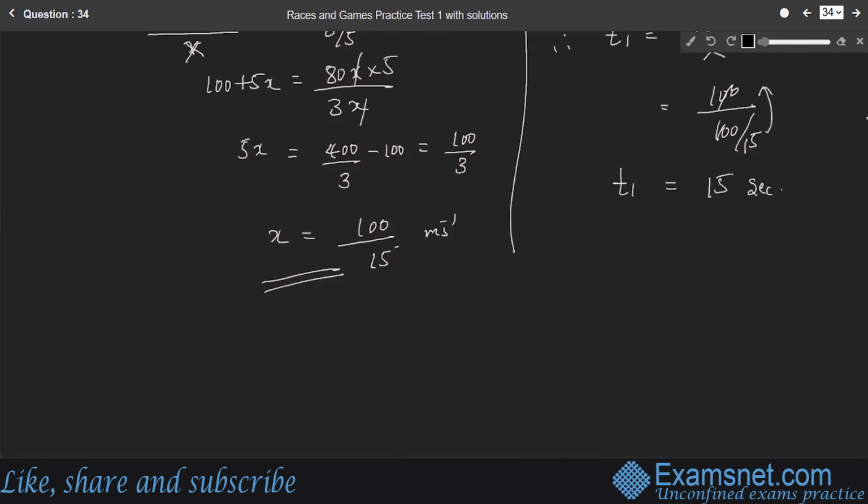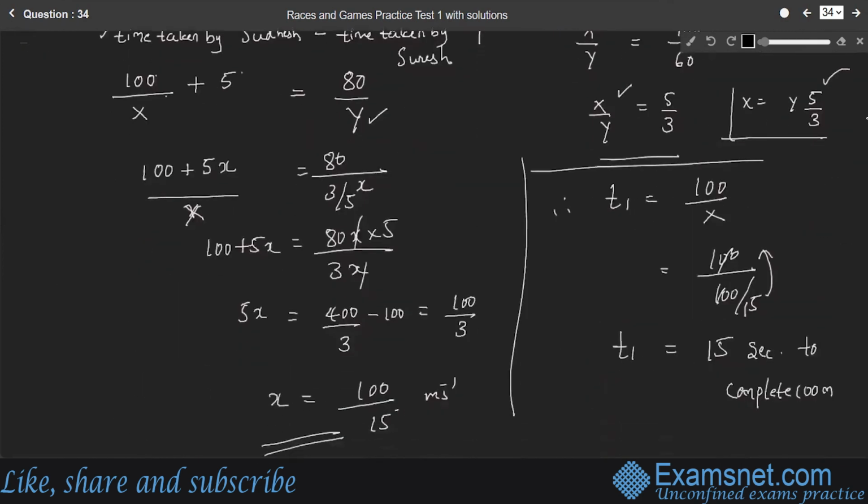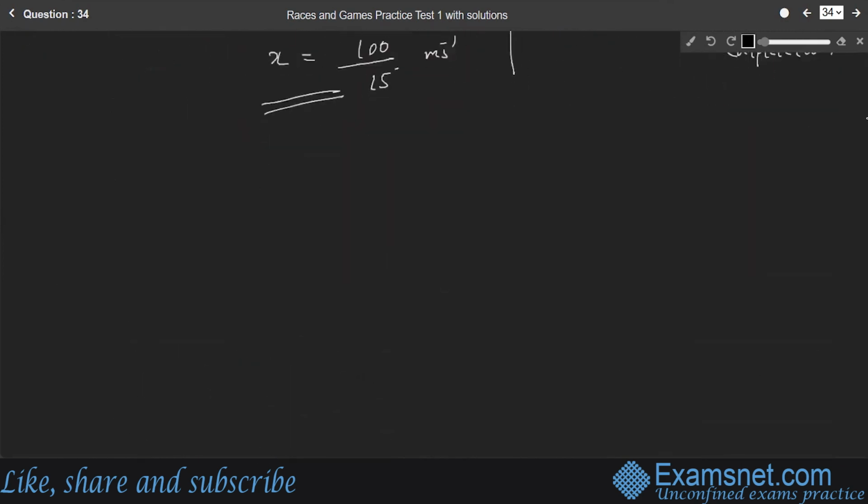So to complete 100 meter. The question is to complete 220 meter, right? Therefore, time taken to complete 220 meter is equal to, so very easy, time taken to complete 100 meter is 15 seconds.